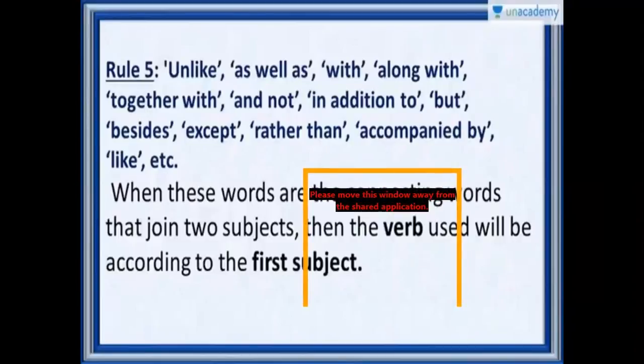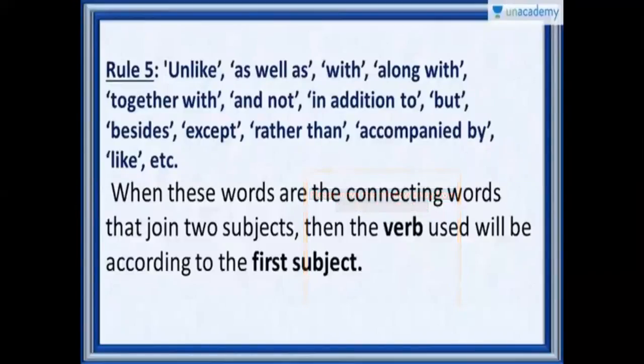When these words are there in the sentence, and you're talking about two subjects, the first subject can be singular and the second subject can be plural, or the first subject can be plural and the second subject can be singular.